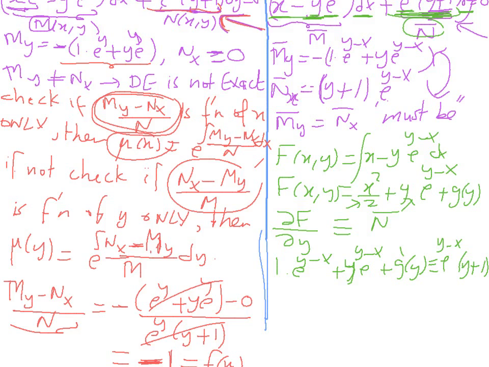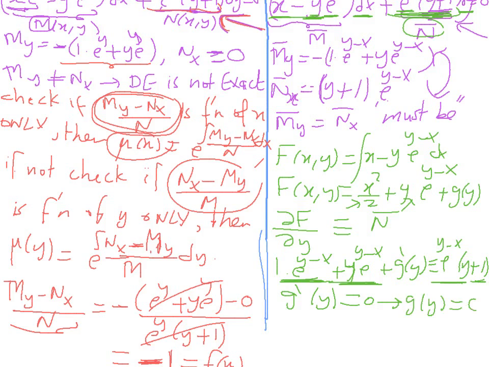If you compare the two sides, g prime y is equal to 0, so g of y is the integration of 0, which is equal to a constant.